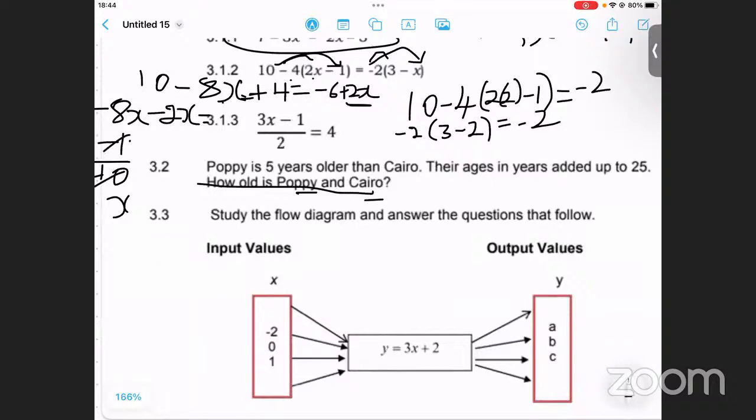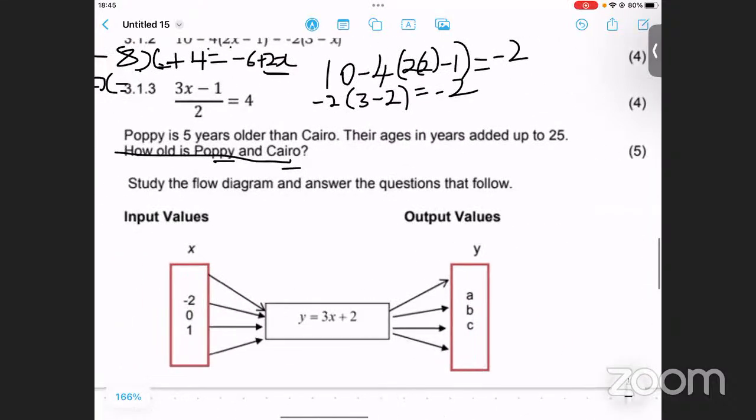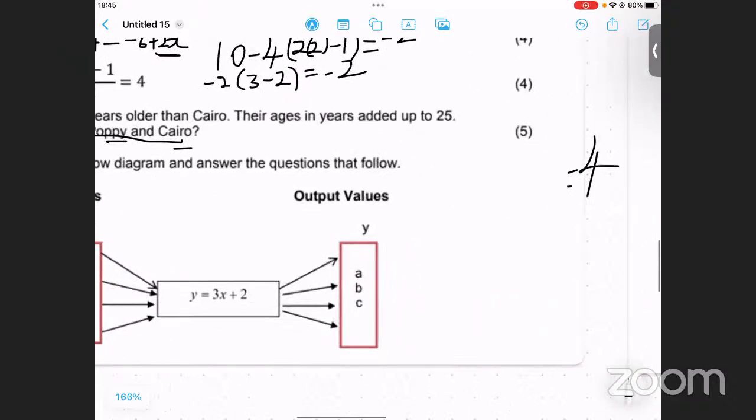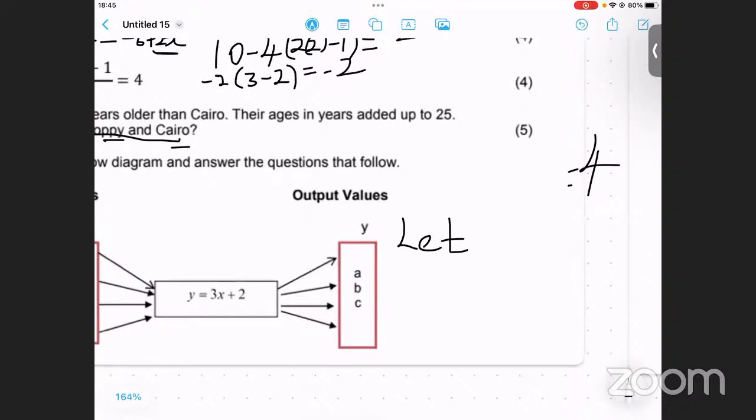You are not restricted to equating Bobby's age to x or Cairo's age to x. Who are we choosing for their years to be x? Cairo, ma'am.